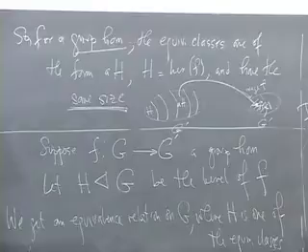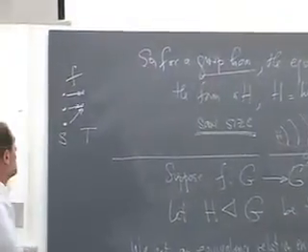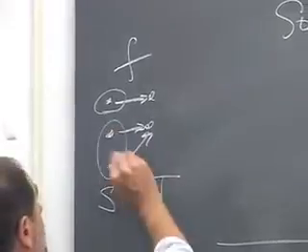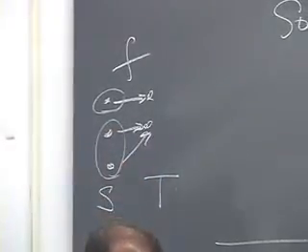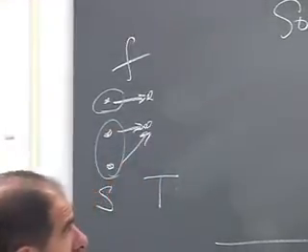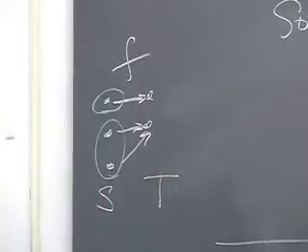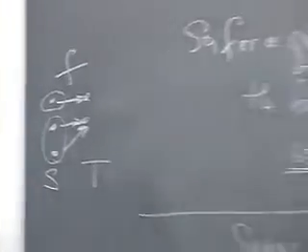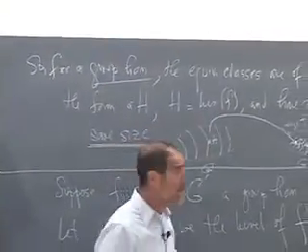This would be my set S, this would be my set T, here would be my map F. That's a perfectly good map of sets. In this case, one equivalence class contains 1 element, and the other equivalence class contains 2 elements. But that can't happen for a group homomorphism. In the group homomorphism, the different pieces that you break G into all have the same number of elements in them. Okay.